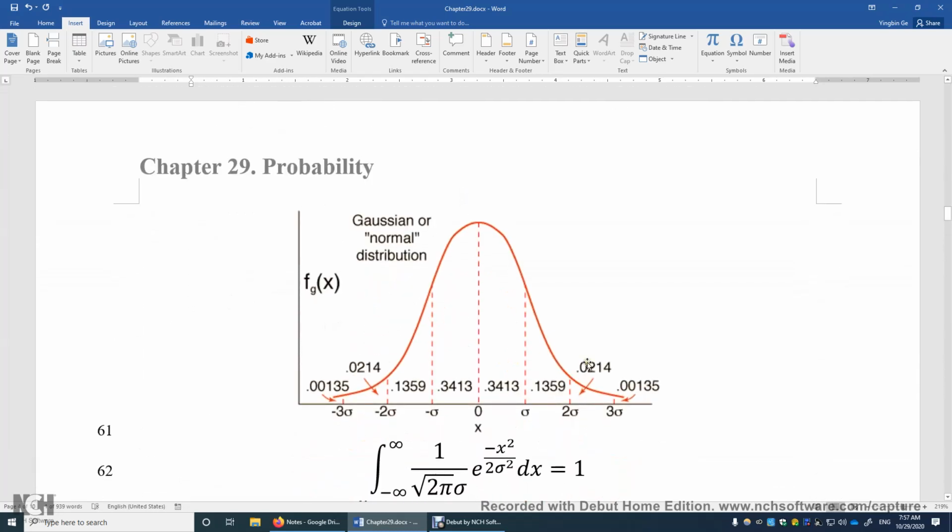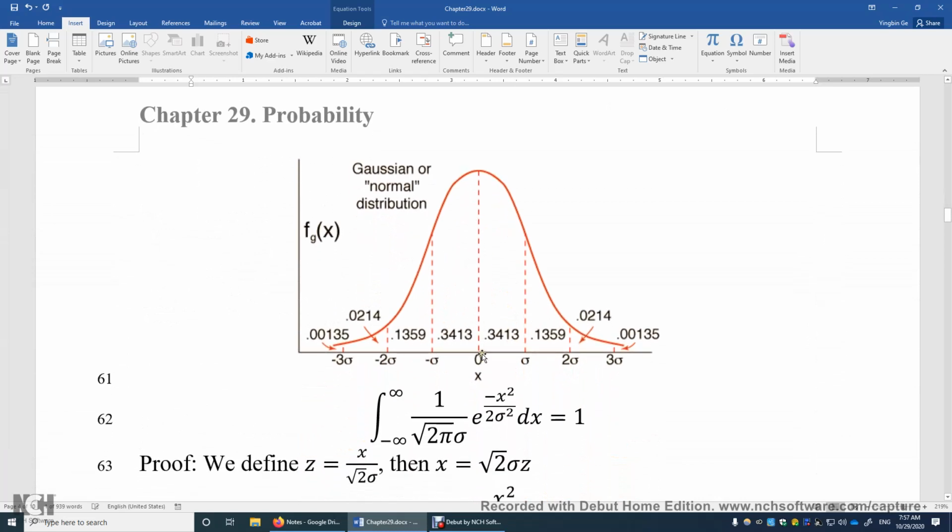This is the shape of a typical Gaussian function. And over here in the middle, this is the average. And then sigma is the standard deviation. So within plus minus 1 standard deviation, there's a 68.26% probability. And then you can see between negative sigma and negative 2 sigma, there's a 13.59% probability.